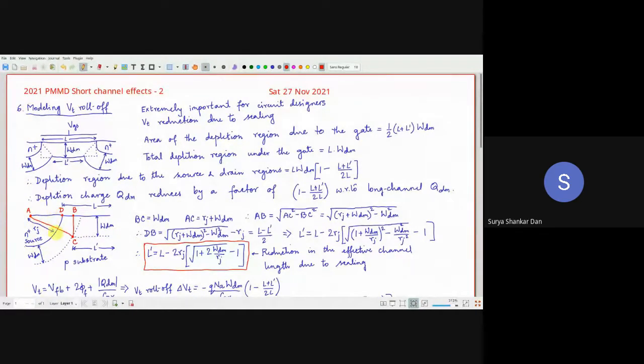So if we consider this end very close to a circle, then the radius of this source channel junction will be Rj. I have written like that, and the depletion width remains the same all throughout. So this is an approximation which we have taken. So this WDM, the thickness here, everywhere is WDM, and here also it is WDM.